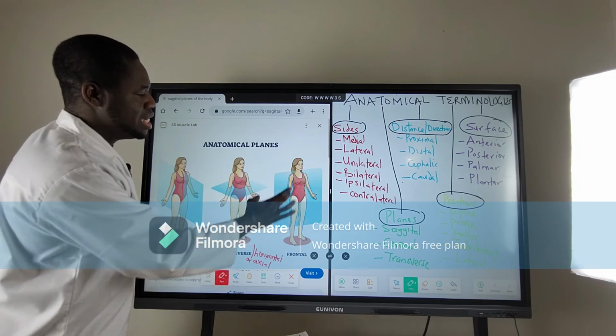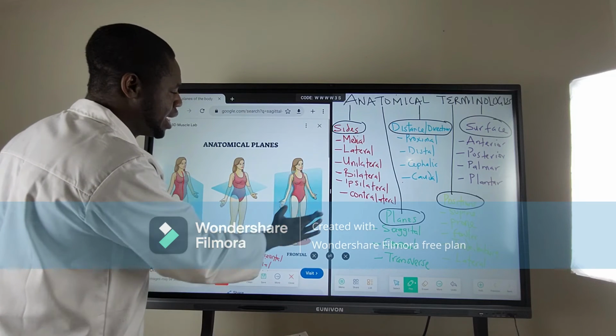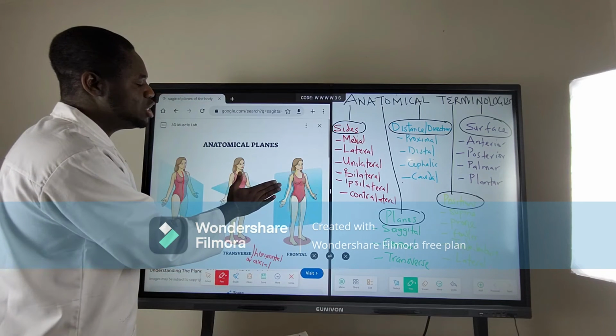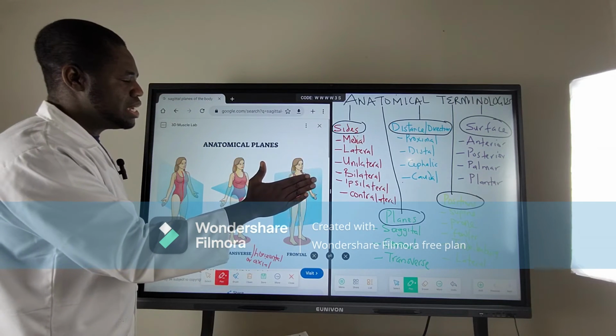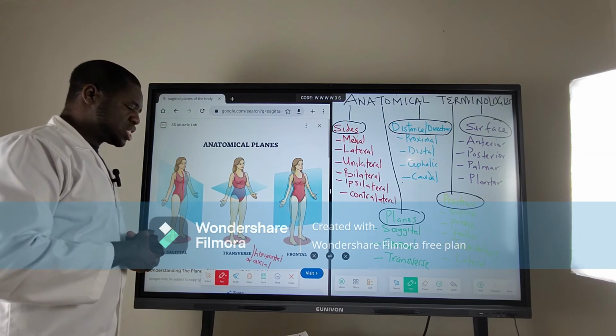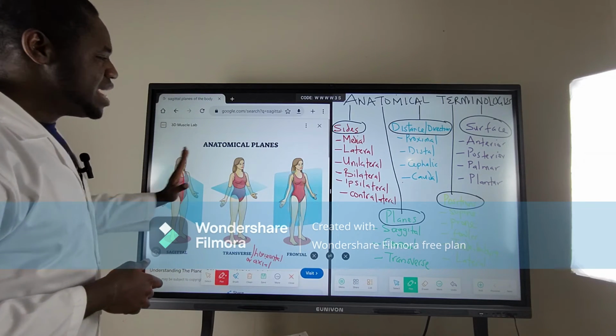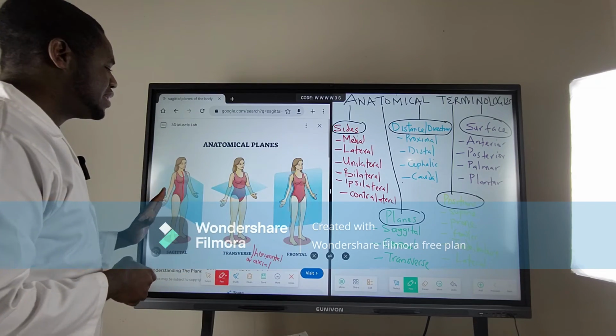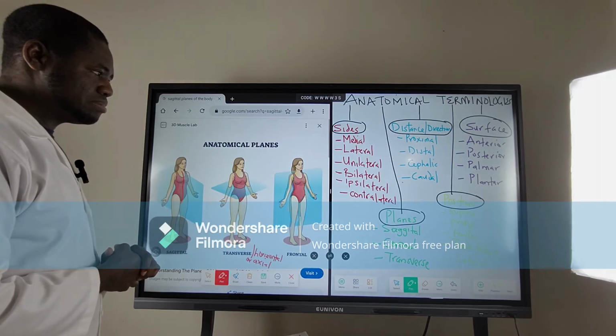So this is the coronal plane, dividing the body into anterior part or side and the posterior part or side. So these are the planes that we have in the body.